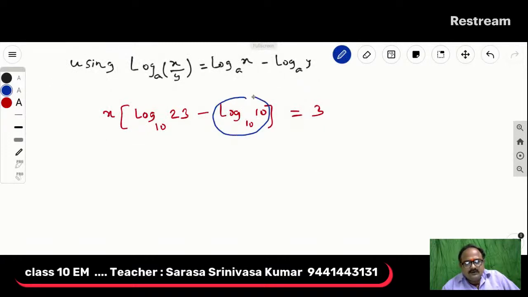Here log 10 base 10 can be written as equal to 1. So left hand side can be written as x multiplied by log 23 base 10 minus 1. This is equal to 3.